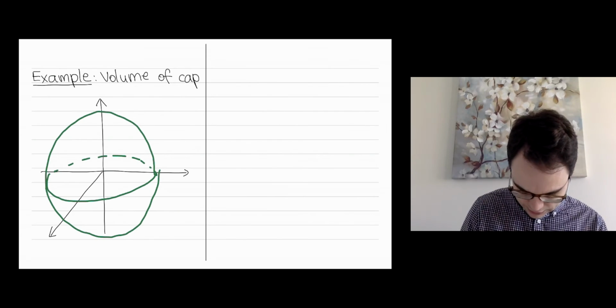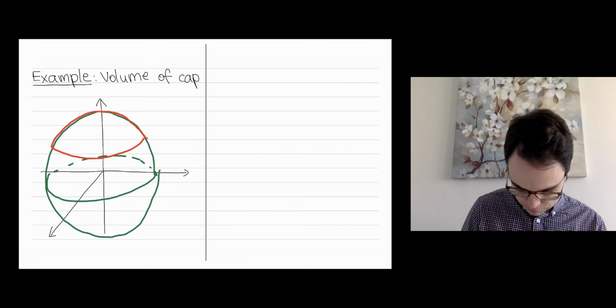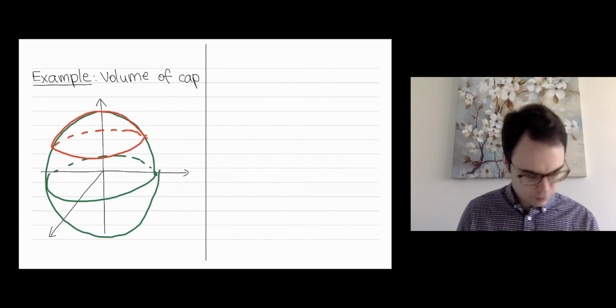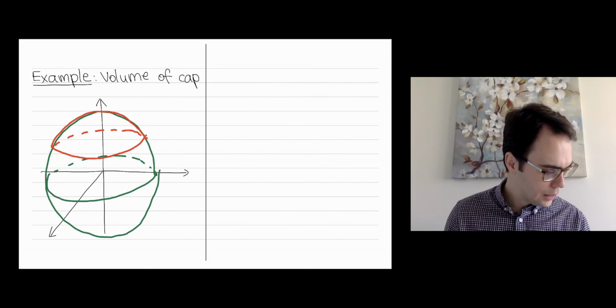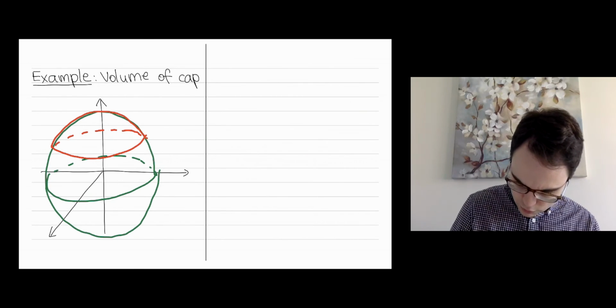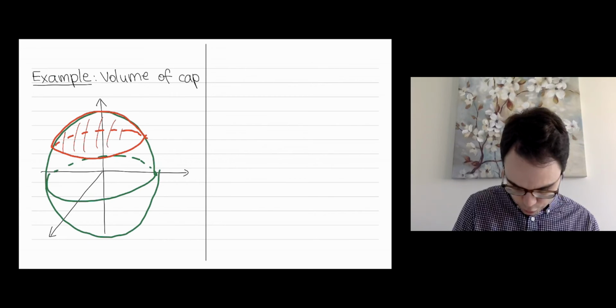And we're looking at the cap. So that's the North Pole like this. So we're talking about this portion.